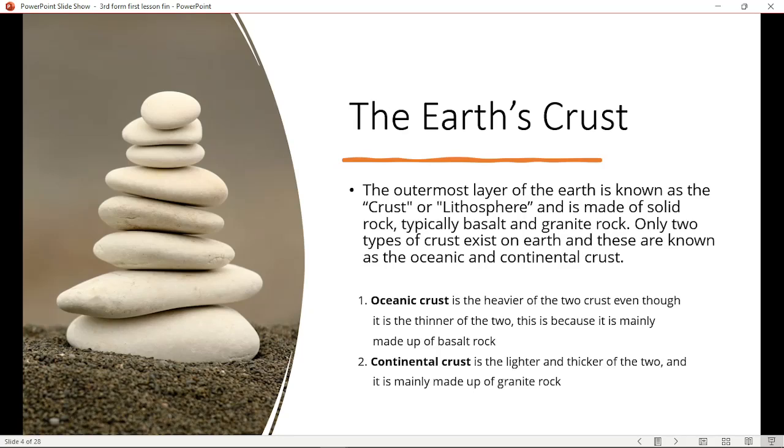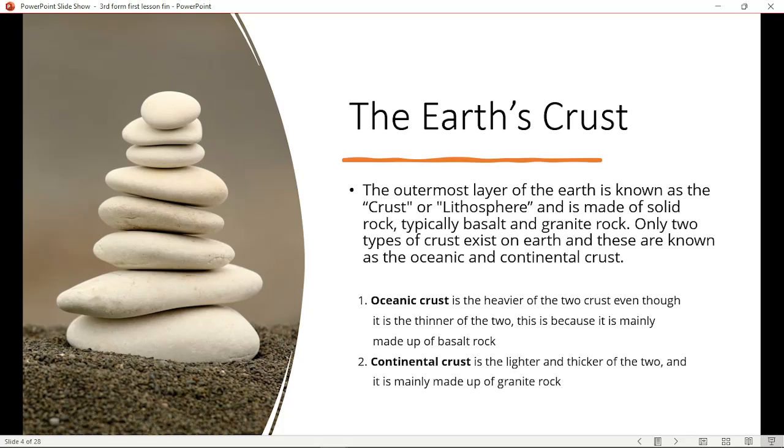And the earth crust. This is the outermost layer of the earth, and this is known as the crust or lithosphere. You will hear this term used interchangeably sometimes. And the crust is made up of solid rock, typically basalt or granite rock. Later on in the slides, we will learn about the different types of rocks. And only two types of crust exist on Earth, and these are known as the oceanic and continental crust.